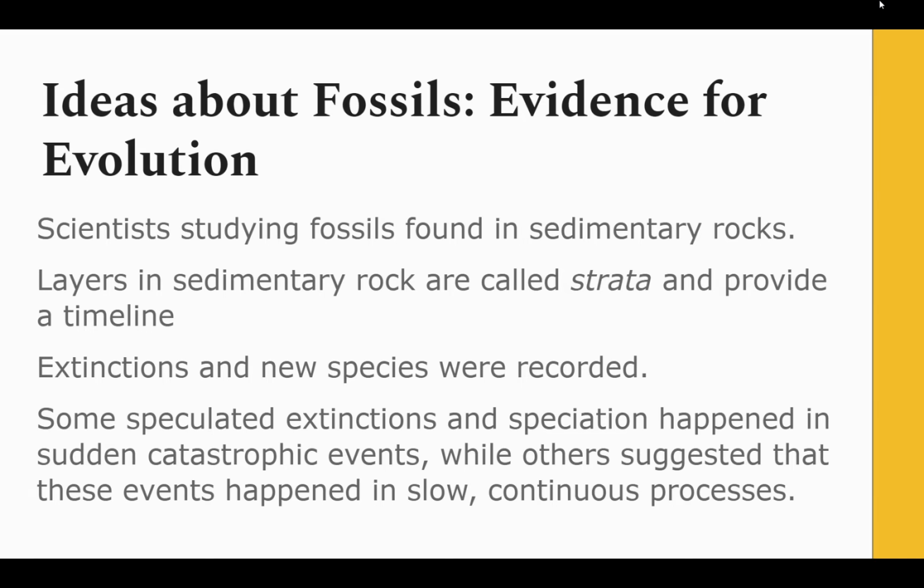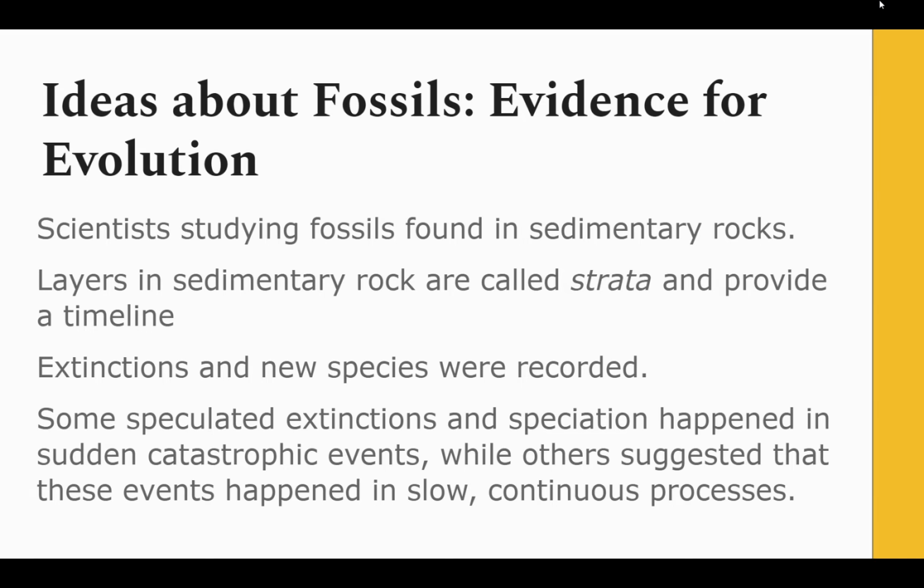And because these strata were kind of stark, there wasn't necessarily a gradient, some scientists hypothesized that all of these extinction and speciation events happened at catastrophic times, right? Or that something big and bad happened, a flood, an ice age, a meteor strike, something big, something bad happened, wiped everything out, and it started anew.